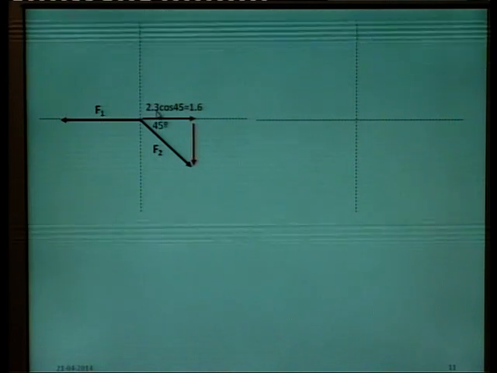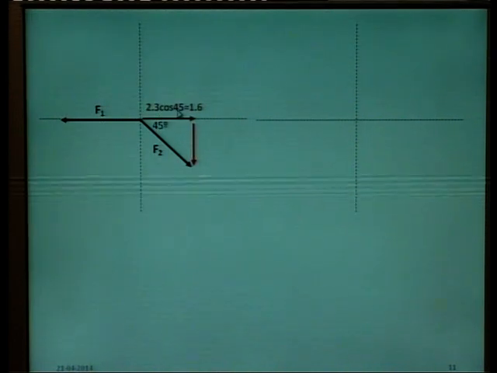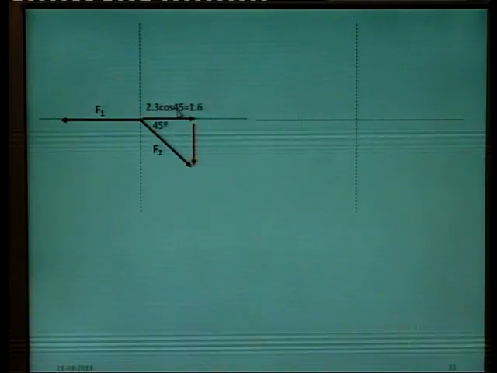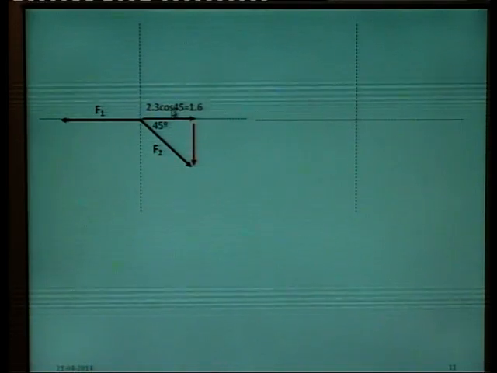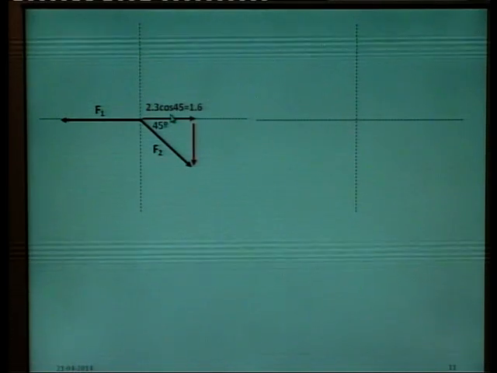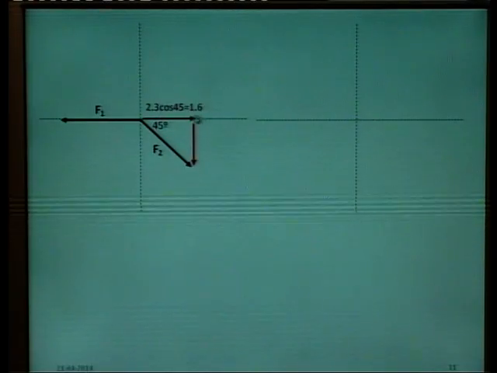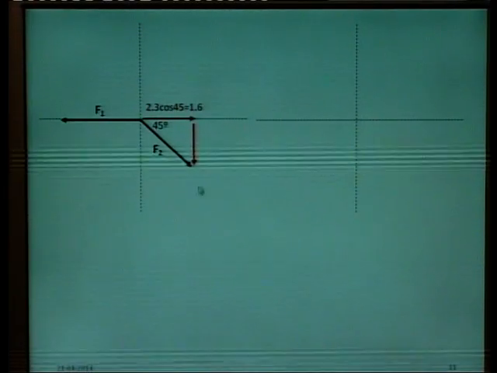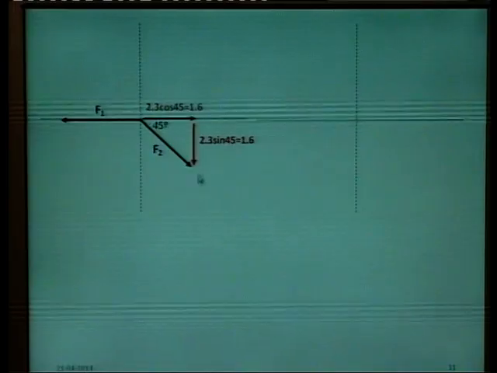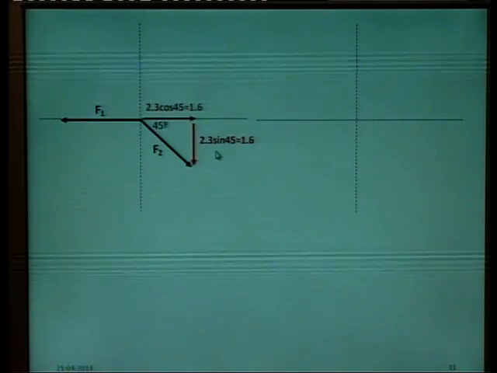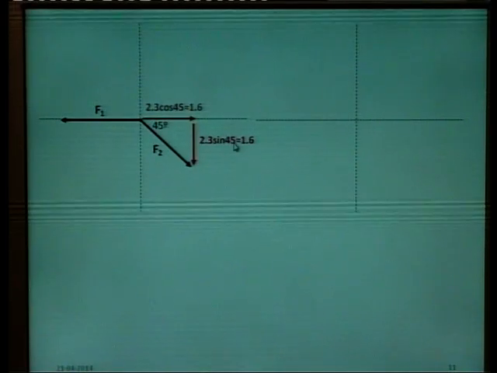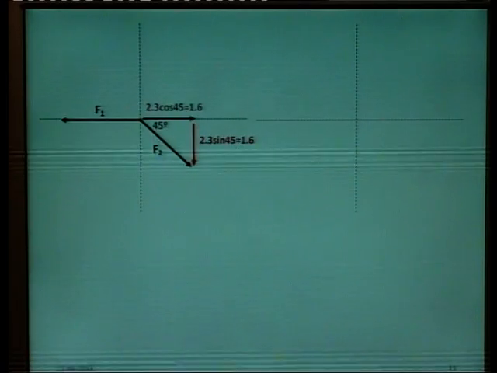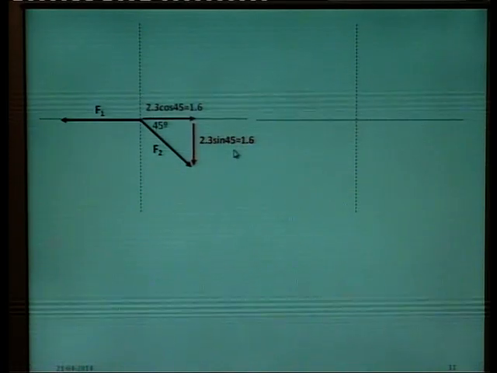F2 is 2.3, 2.3 cos 45, cos 45 you know is 1 by under root 2. So, if you make the calculations it comes out to be 1.6. This component as I told you is 2.3 sin theta. Theta here is 45.